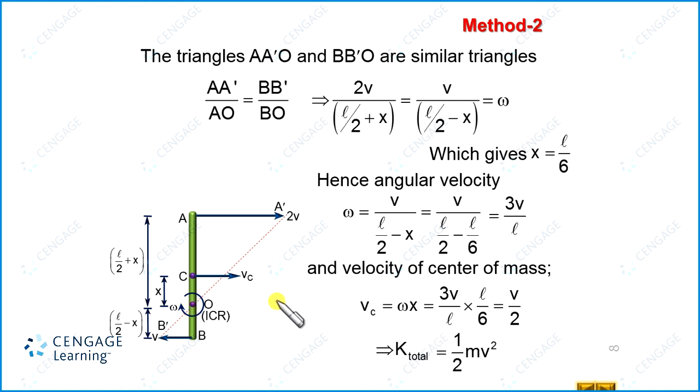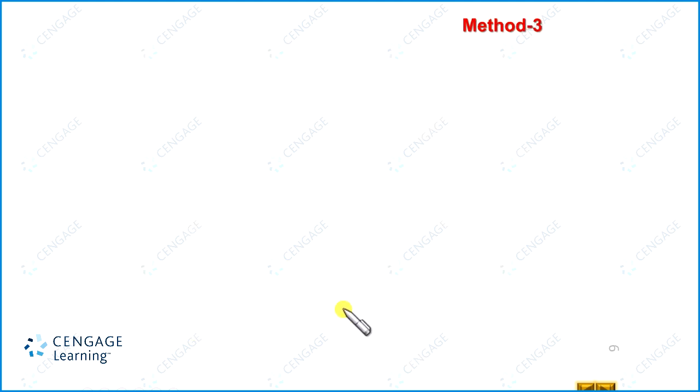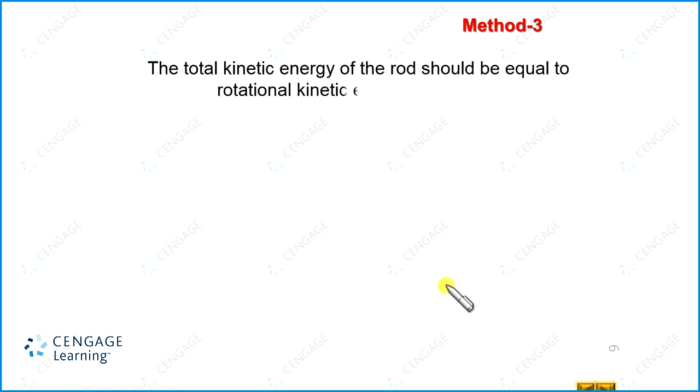That means the kinetic energy of this rod should be equal to half IO multiplied by omega square, because the axis passing through the instantaneous center of rotation can be considered as a fixed axis, and in case of a fixed axis we can directly write kinetic energy as half IO omega square.